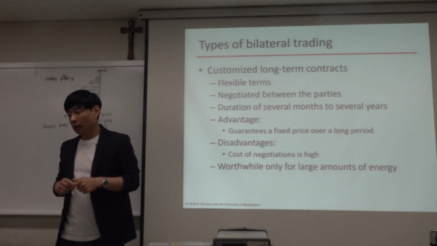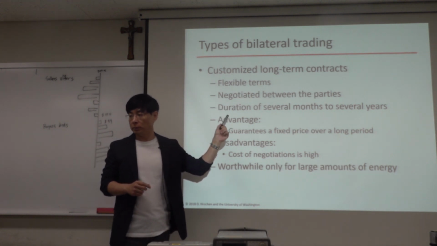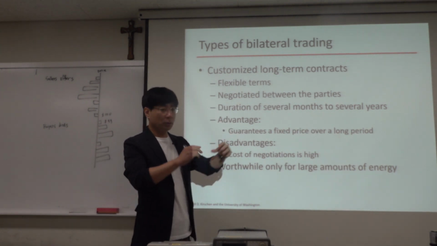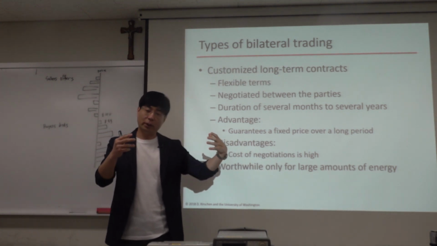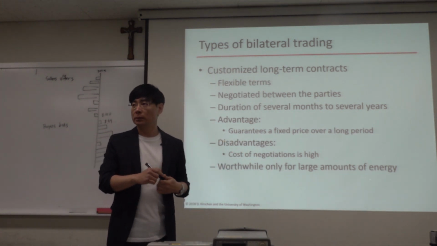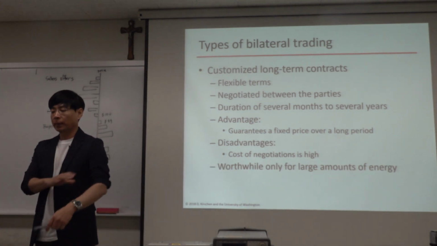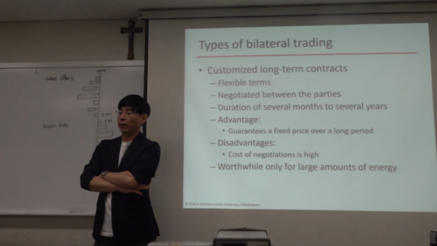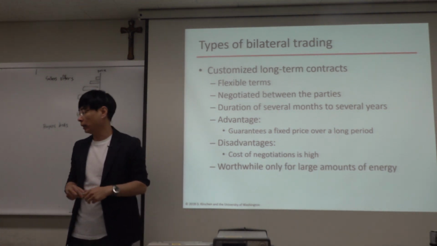Okay, and these contracts are very flexible because it only depends on two parties. So it only depends on their agreement. Nobody else is involved. So this contract needs to be negotiated between two parties.